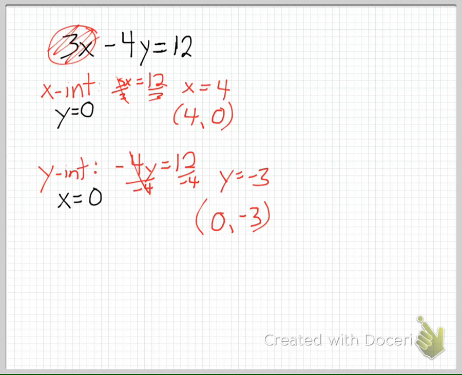So if I have this coordinate grid, my 2 points are 4, 0, so I go to the right 1, 2, 3, 4, and up or down none, which of course makes sense because that is our x-intercept, and clearly the x-intercept should be on your x-axis, right?